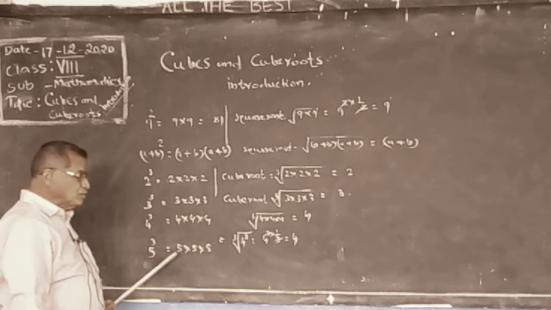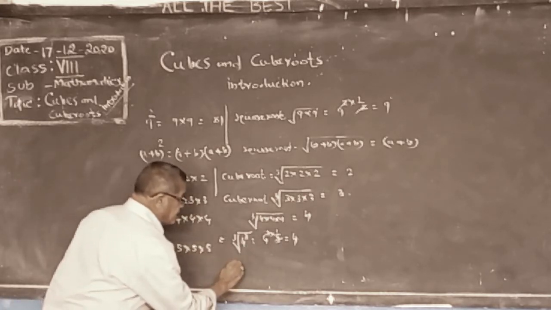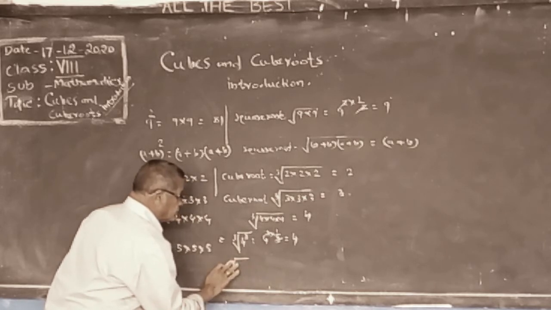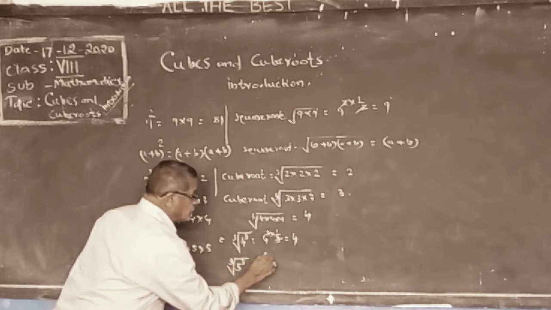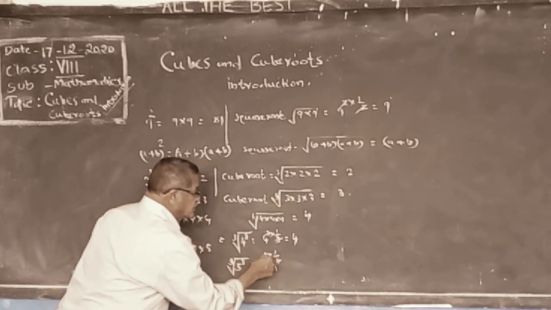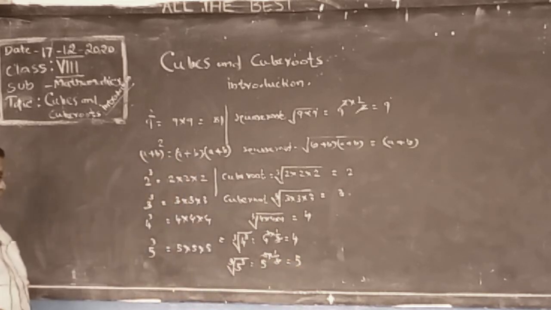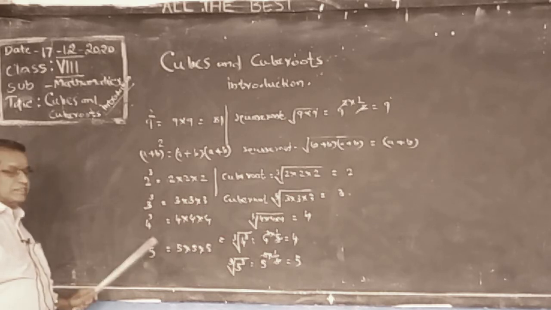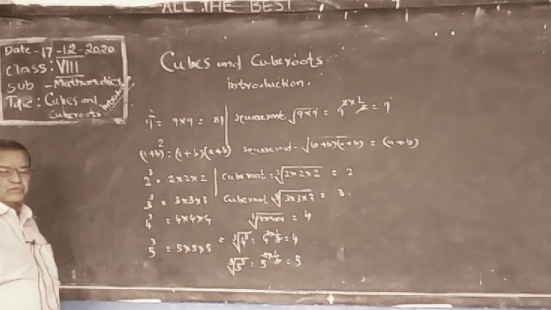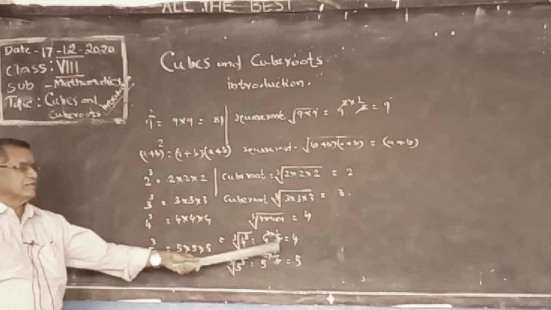In the cube root, we cancel and can write it briefly like this: the cube root of 5 cube is 5 cube into 1 by 3. The 3s cancel, we get 5. So 5 cube is 125, and the cube root of 125 is 5.